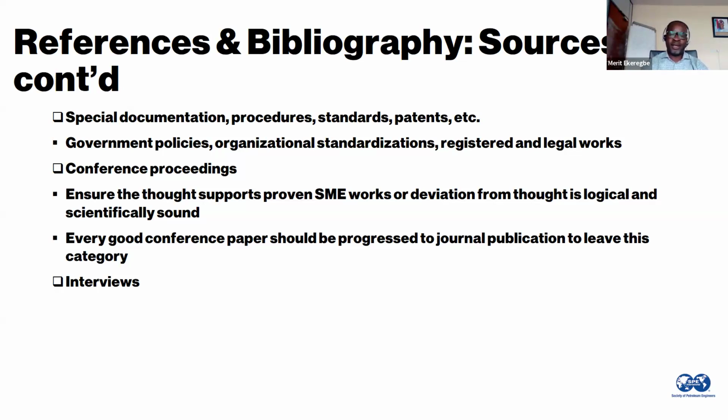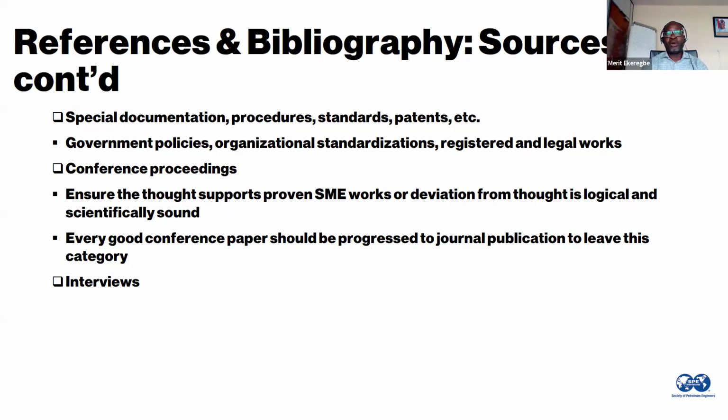Citing conference proceedings requires that we apply some caution, in the sense that not every paper accepted at conferences is actually what it is sought to be. Many times, if whatever you are working on depends on conference papers, say about 20 of your 25 references are from conference papers and none at all is from a published journal, that is not a good indication that you have done a thorough job.